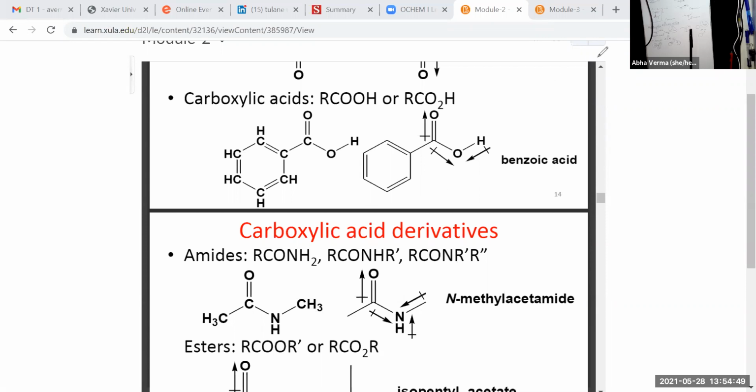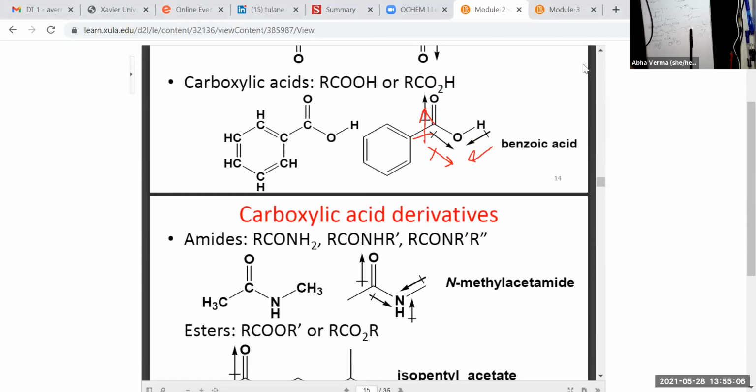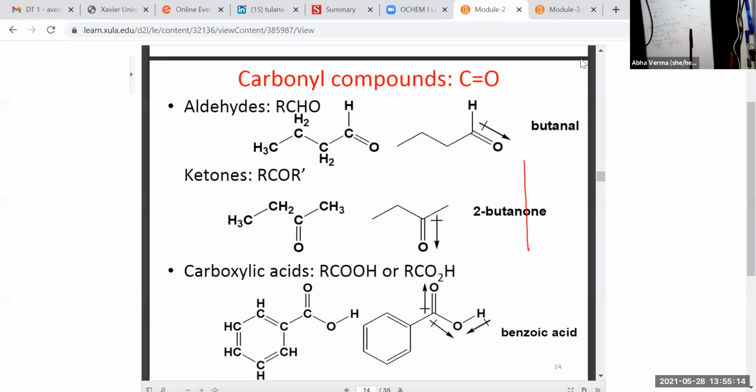So the carboxylic acids, the functionality, again, there is a lot of polarity involved in this particular setup. Carbonyls in general have polarity associated with them.